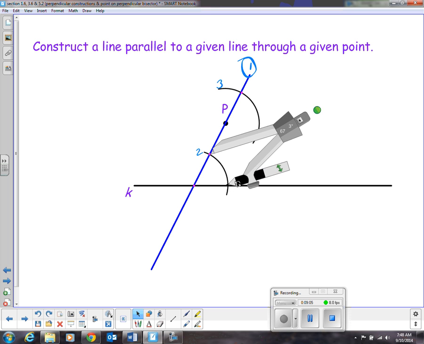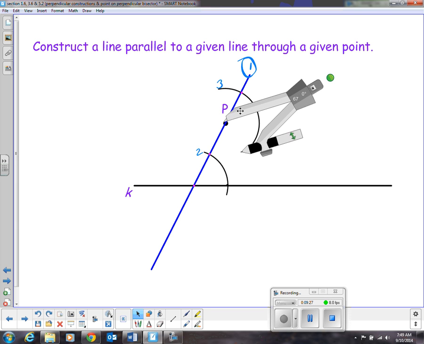Not quite. I can't get in between. As good as it gets. Do you have your angle opening in your compass? Yes? Do you see where this compass point is? Guess where you're going to slide it?